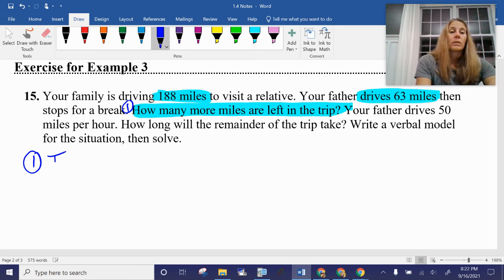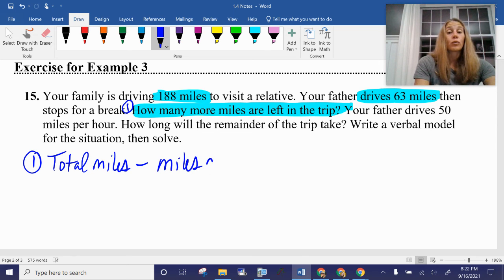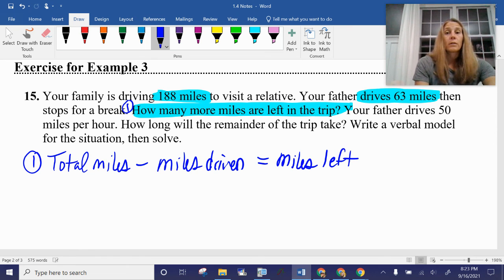Well, you would take the total miles and subtract the miles driven, and that would give you the miles you have left. So let's do that. We have 188 minus 63.